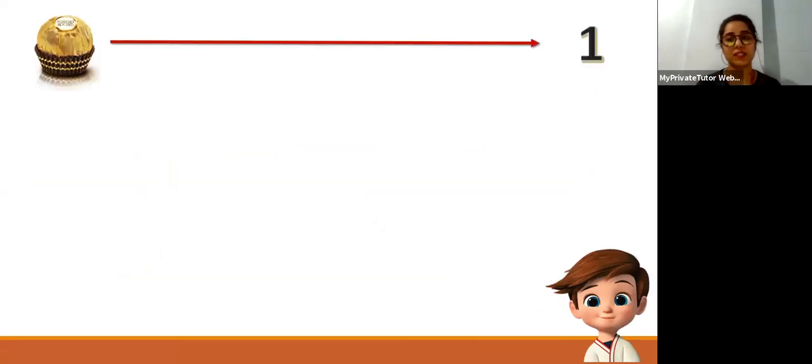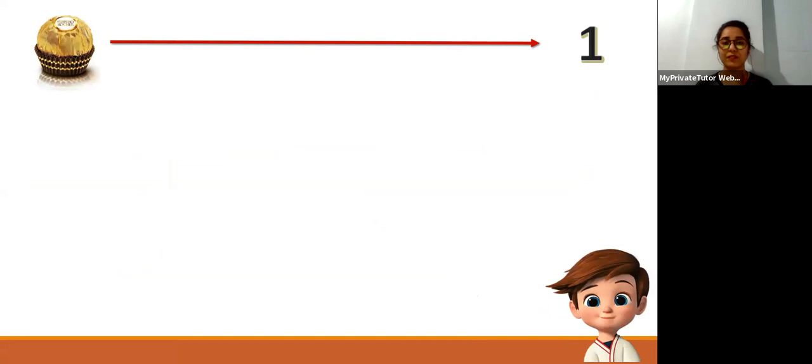He was thinking that for the first question, whatever he answers, he'll get one chocolate. Then the teacher said two more than the previous, so he was calculating.